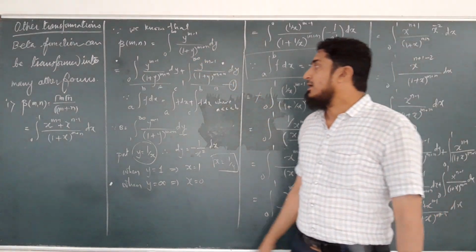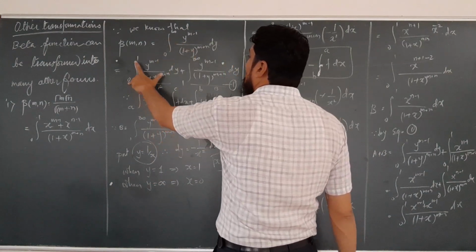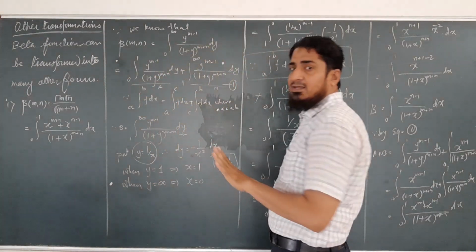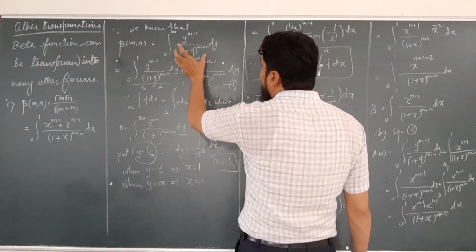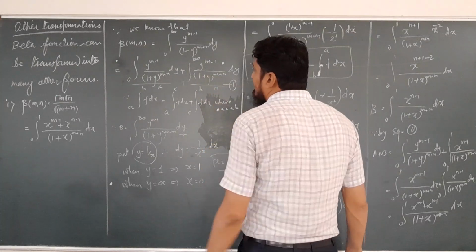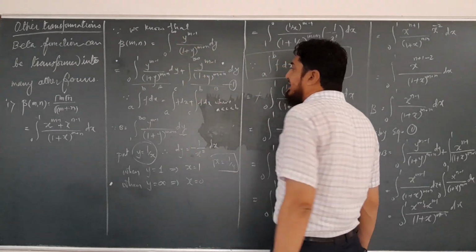Correct? Now we break this integral into two intervals, 0 to 1 and 1 to infinity, and the same expression is in both integrals, because we are breaking only the interval of integration.